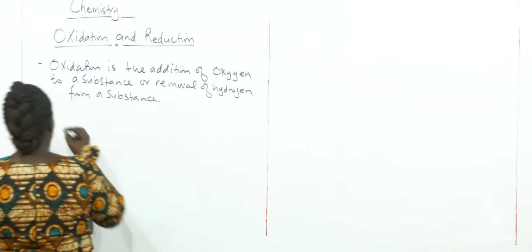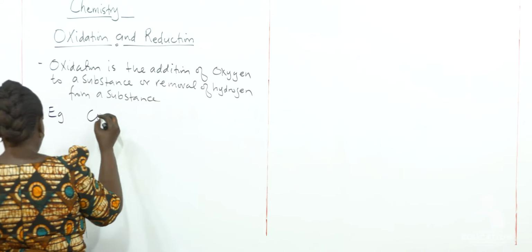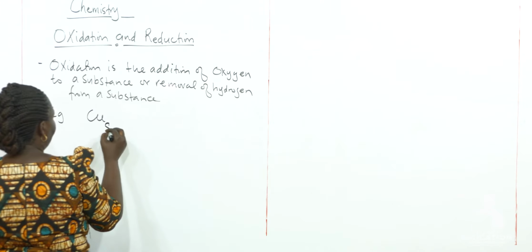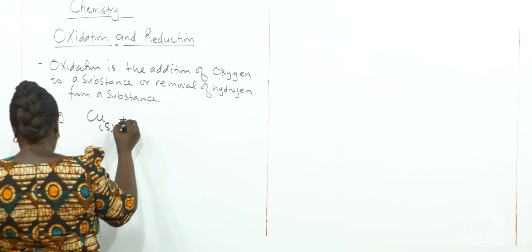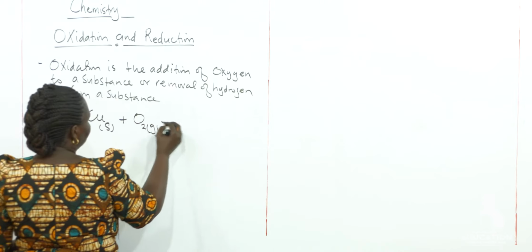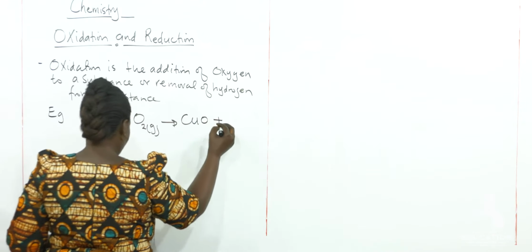So, for example, let us look at this reaction. We have copper metal plus oxygen gas. This gives us copper 2 oxide.